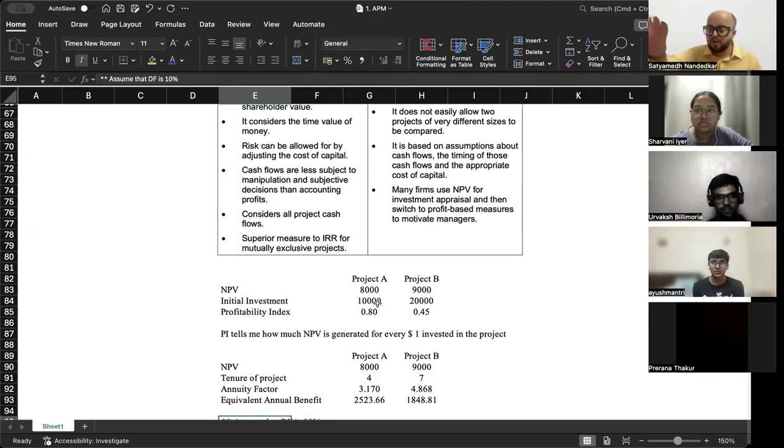Discounting factor remains constant. In one of my CFA classes, we did discuss this part, that this is one of the biggest flawed assumptions in the NPV method or in appraising any investment for that matter, that the discounting factor remains the same every year. What is your discounting factor? Discounting factor is the weighted average cost of capital. What is cost of capital? Expectation of the providers of finance.